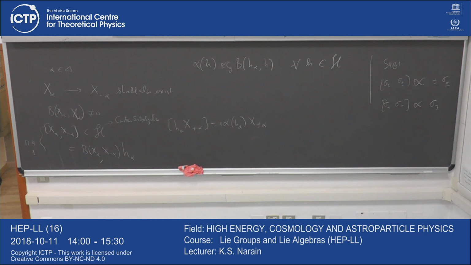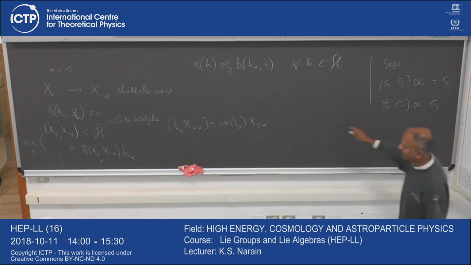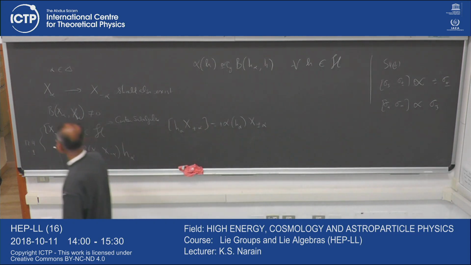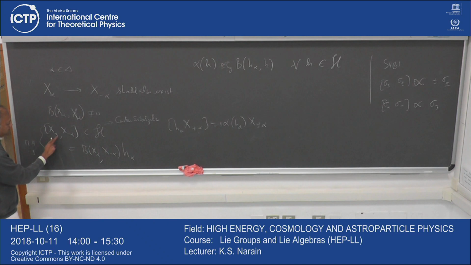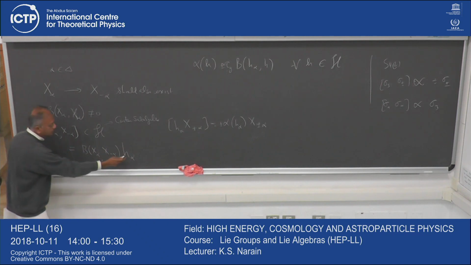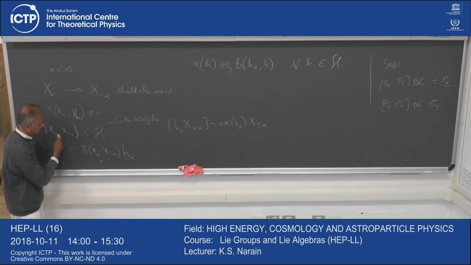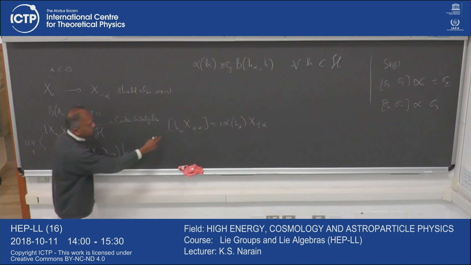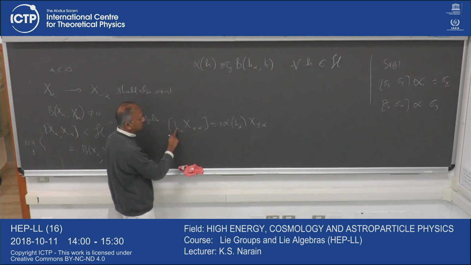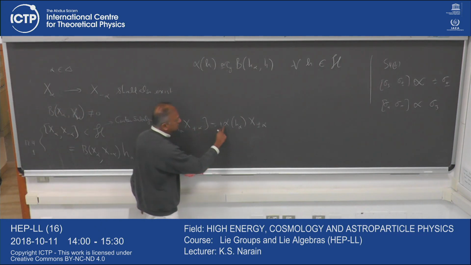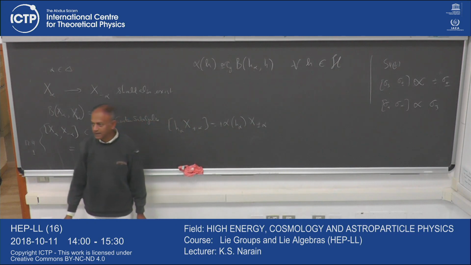So think of x_alpha and x_minus_alpha as sigma plus and sigma minus: their commutator is proportional to H_alpha, like sigma 3, and they are eigenstates of it.